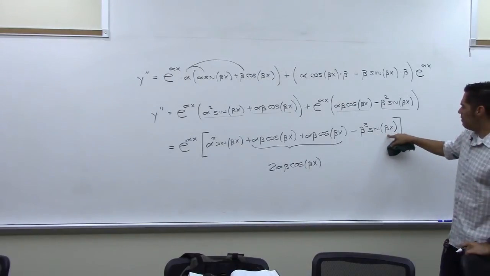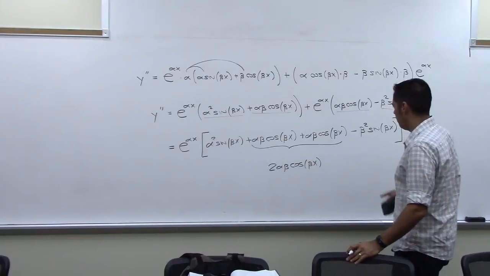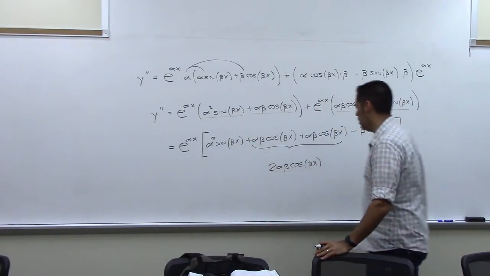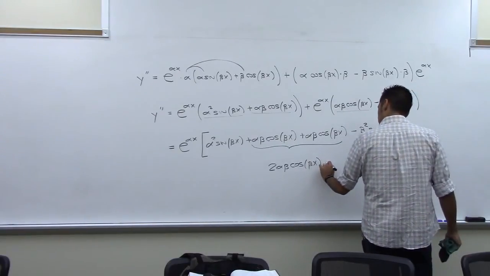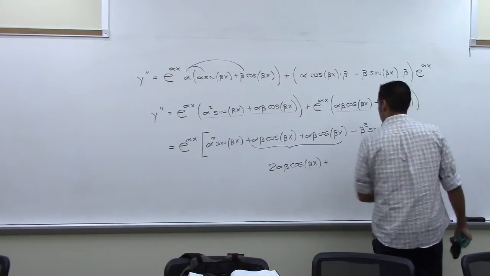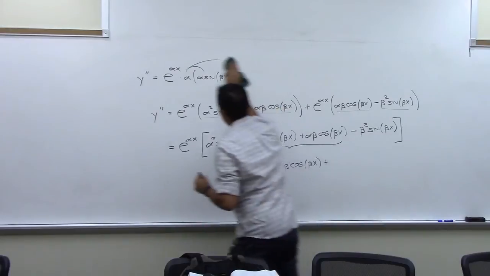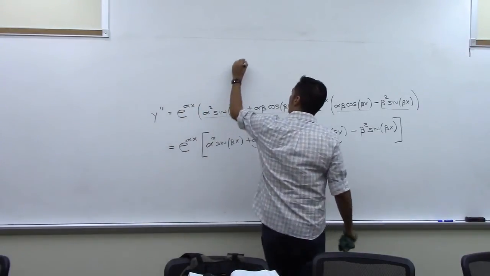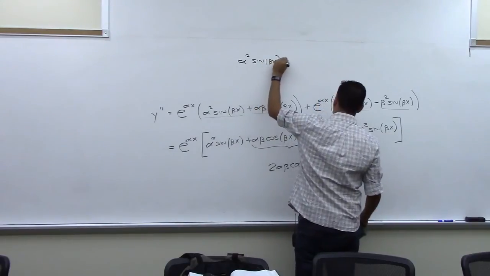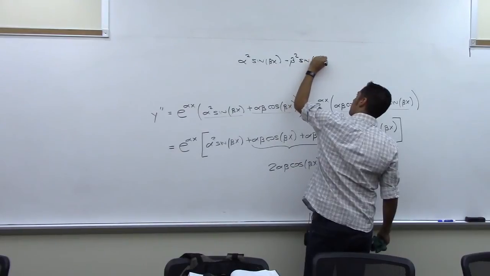Notice that this is sine beta x, this is sine beta x. So I could factor a sine beta x out of each of just those two. Let me do it this way. If I just have those two pieces right there, I'll do it up here as scratch work so you can see what I'm doing. I have alpha squared sine beta x minus beta squared sine beta x.